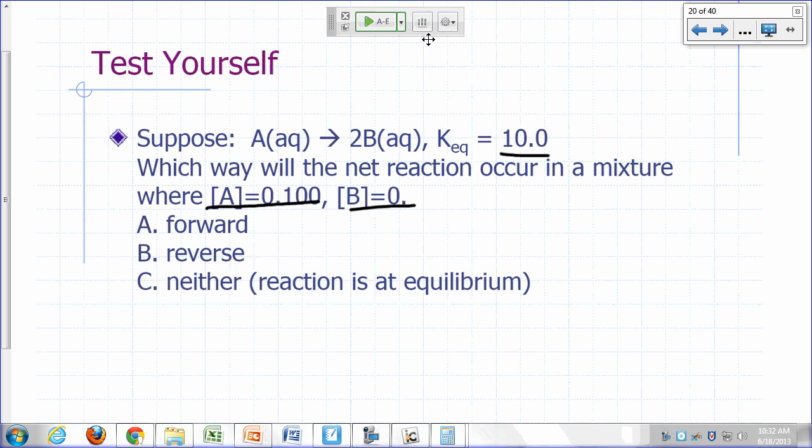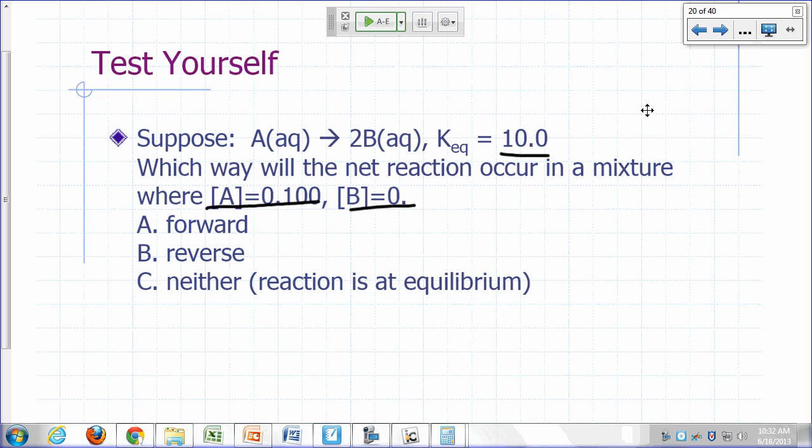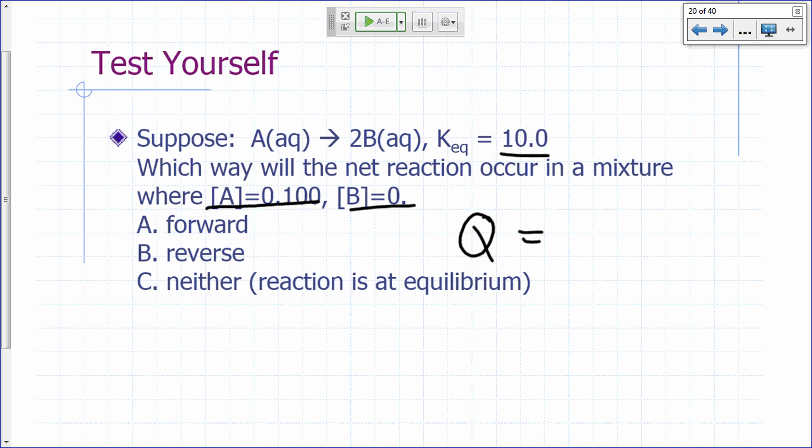All right. Well, what's our Q? How do you calculate Q? Products over reactants. What's our product? B, right? What do you do to B? Square it, and a reactant?